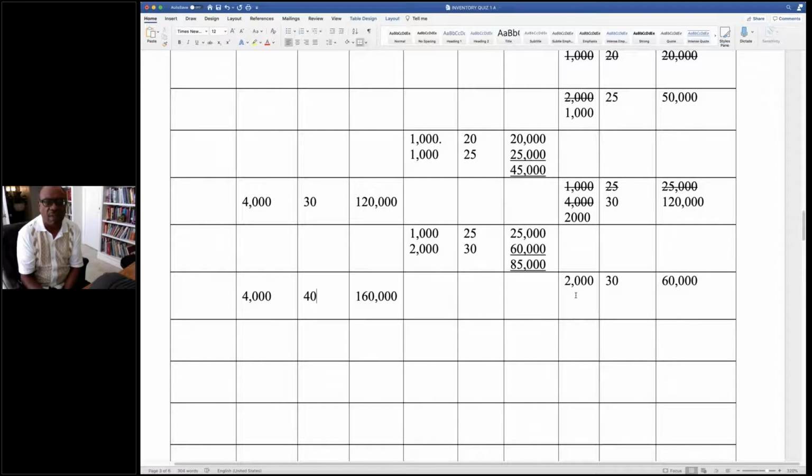Yeah. So this should be 4,000. These are in here at 40, so the total cost would be 160,000.